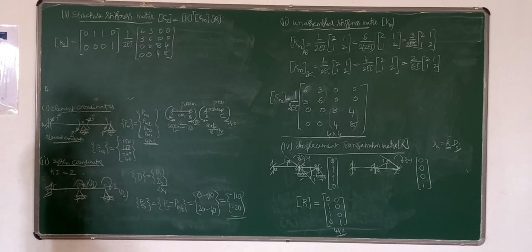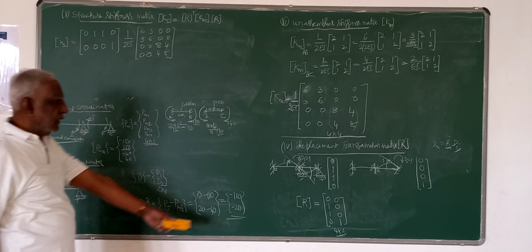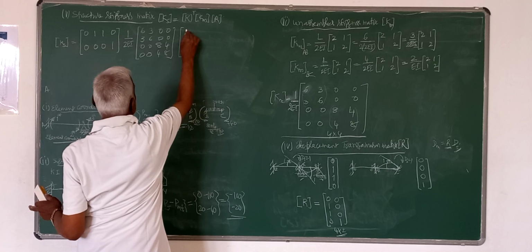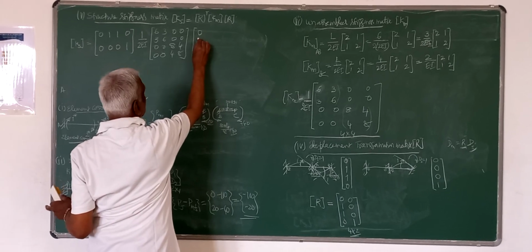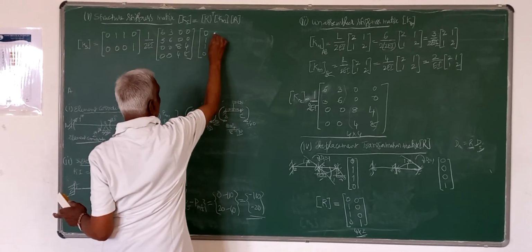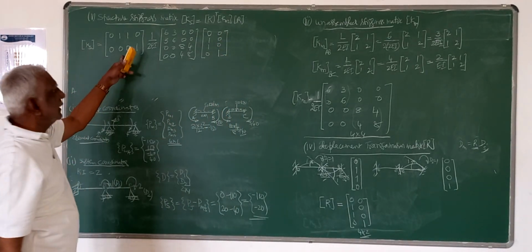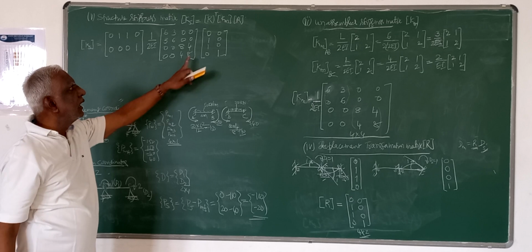That is KM into R. R is this, 0 1 1 0 0 0 1. This is R transpose KM R.